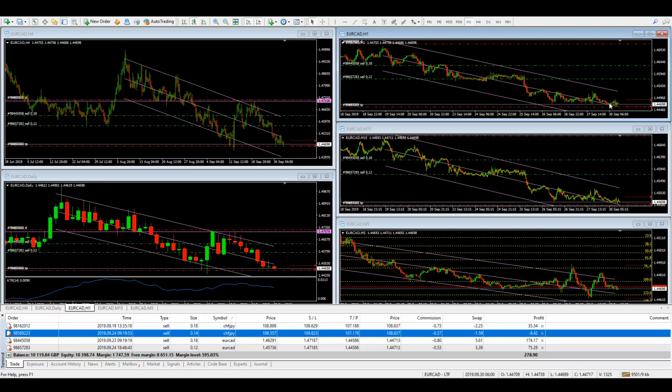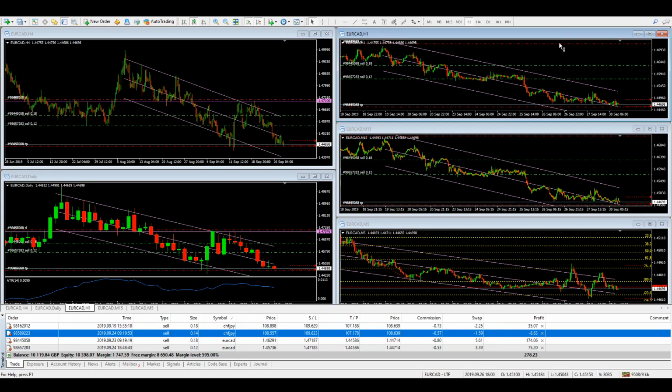Now, obviously, this is quite far gone in its move. Its extension is quite significant. So rather than see this profit go away and potentially reverse on me and hit this stop loss over there, what I'm going to do is use these previous highs here to guide my decision.